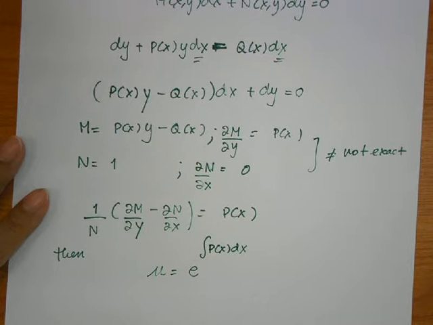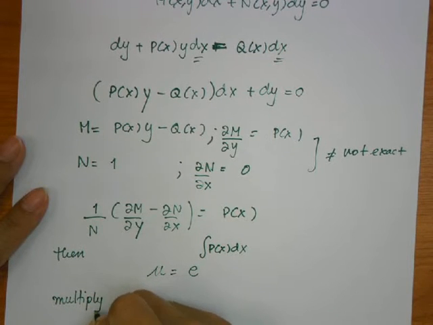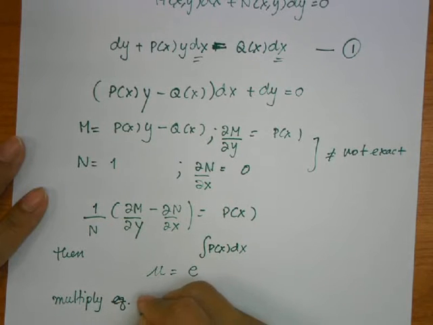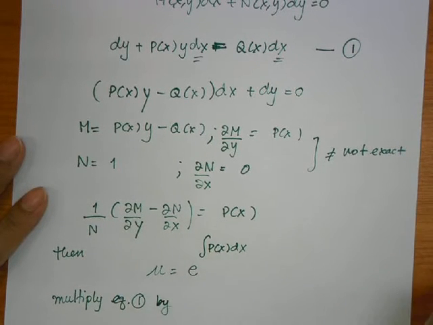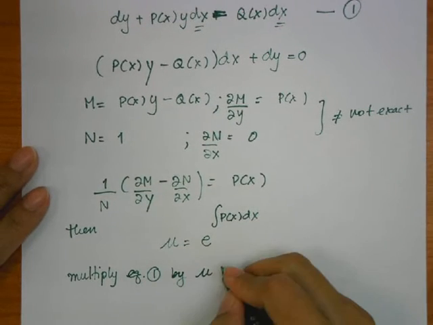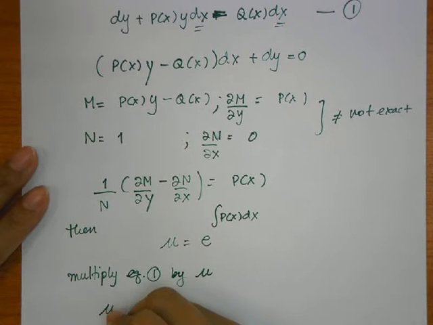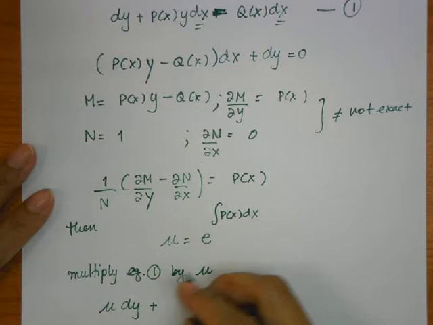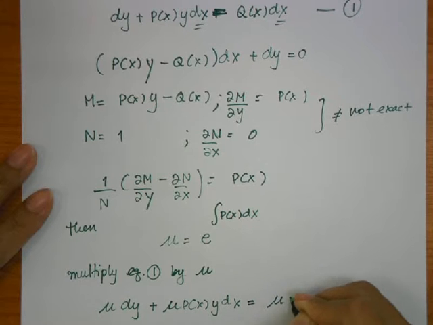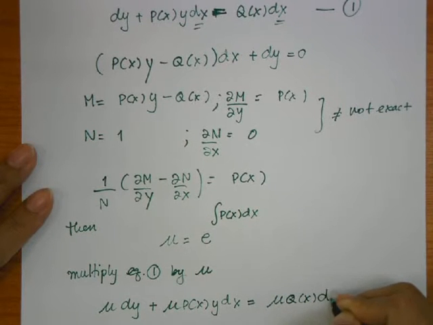Now, we multiply this equation, equation 1, by the integrating factor. We would get dx.